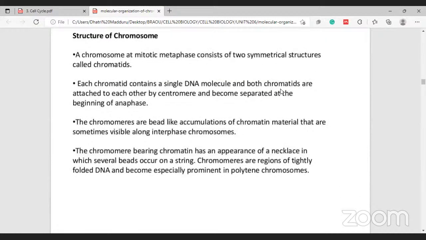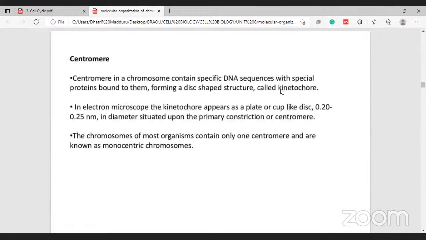Now what is centromere? The centromere in a chromosome contains a specific DNA sequence with special proteins, and they will have disc-shaped structures called kinetochore. This kinetochore is cup or plate shaped. Where the constriction, that means a small bending, both the chromatids come together at the centromere.